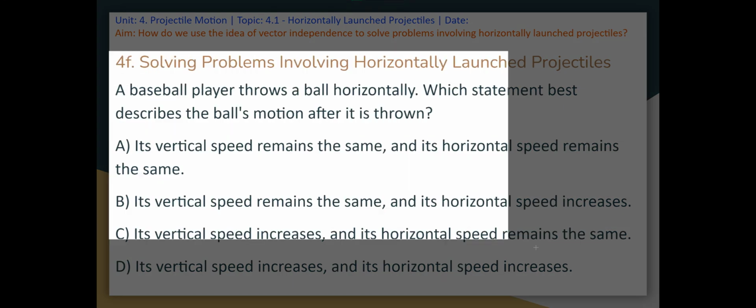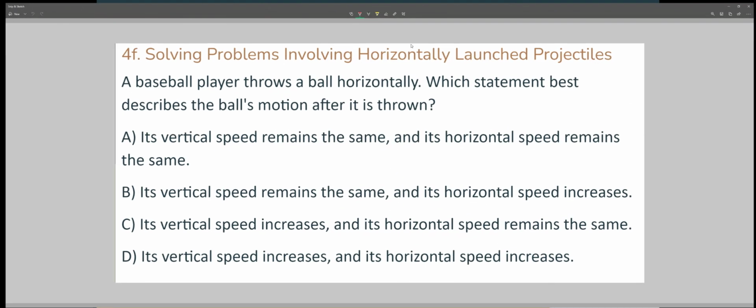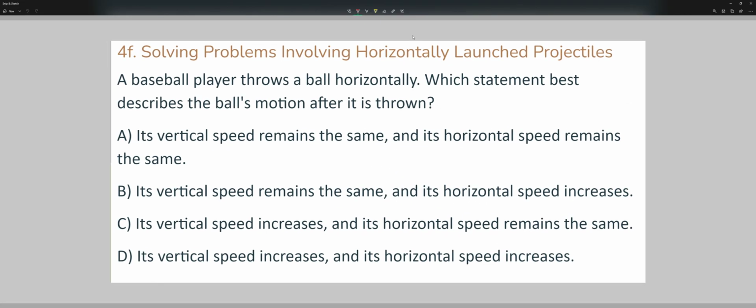So for F, this is really the same exact concept. If a player throws the ball horizontally, which statement best describes the ball's motion after it is thrown? My horizontal velocity remains constant, but because we are accelerating as we fall downward, we do have a vertical acceleration due to gravity.